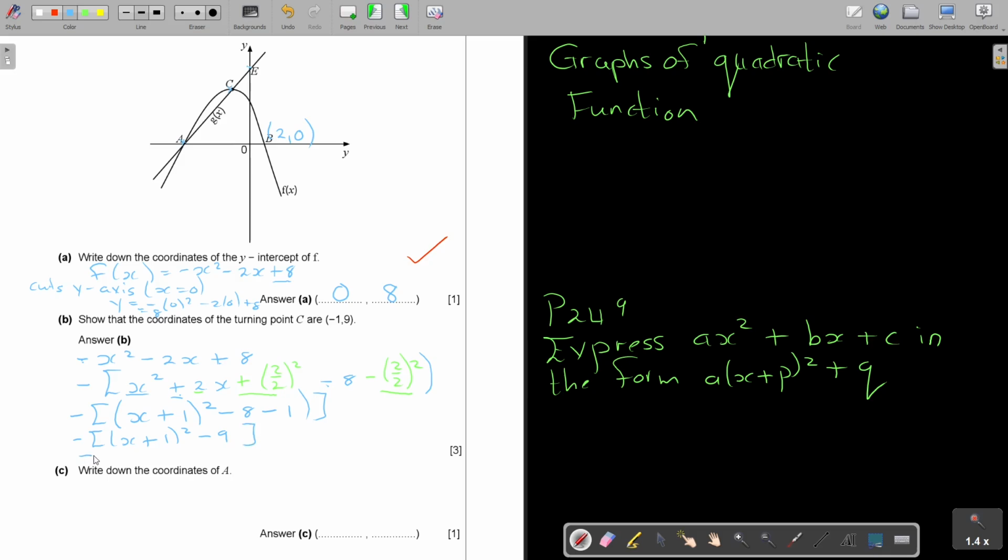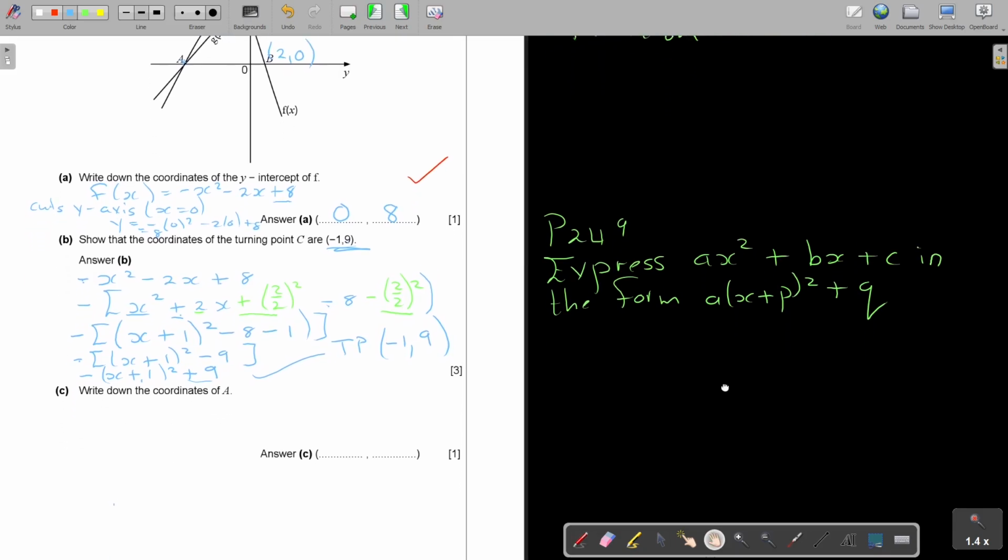So it's negative x plus 1 squared, and a negative times a negative is positive 9. And don't forget the turning point is coming from this. This sign changed, so it becomes a negative 1. This stays the same, a 9. And that is what they asked you there. So you don't start with it, but you must end with their answer. Do you see that? Okay. I'll go now to the last one.